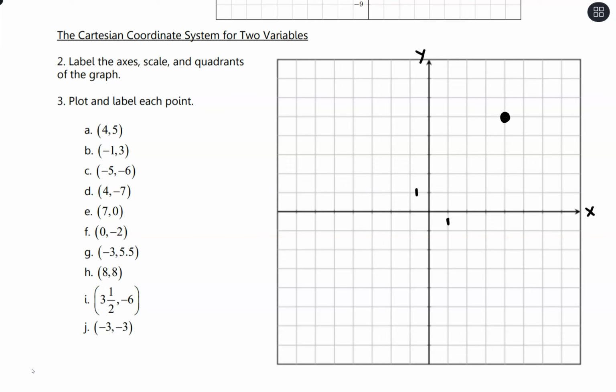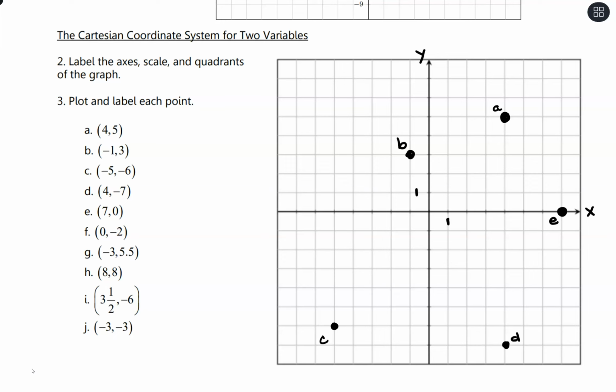So there's our first point A. (-1, 3) would be our second point B. Let's see, (-5, -6) out here for point C. (4, -7) out here for point D. (7, 0), so we're going to go to x equals 7, and then we don't go up or down at all, so that would be our point E.